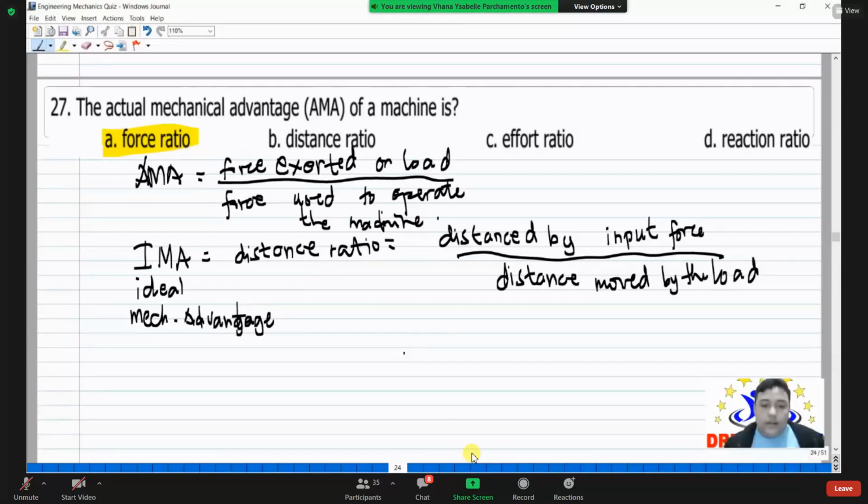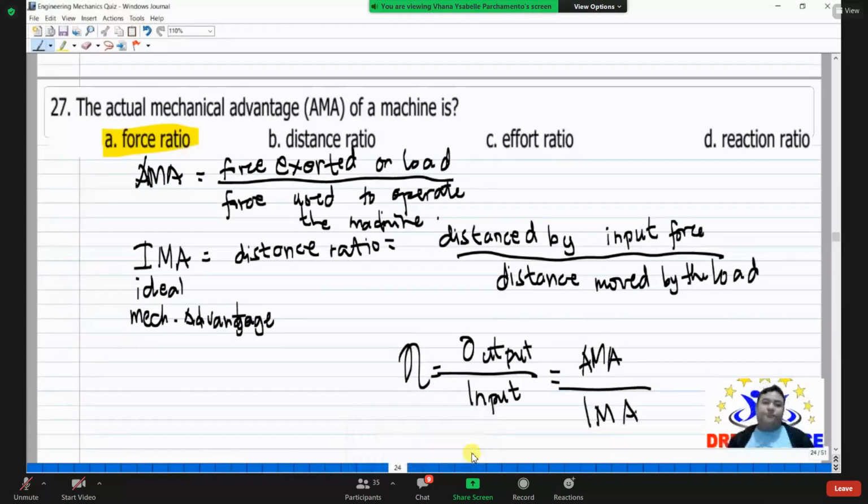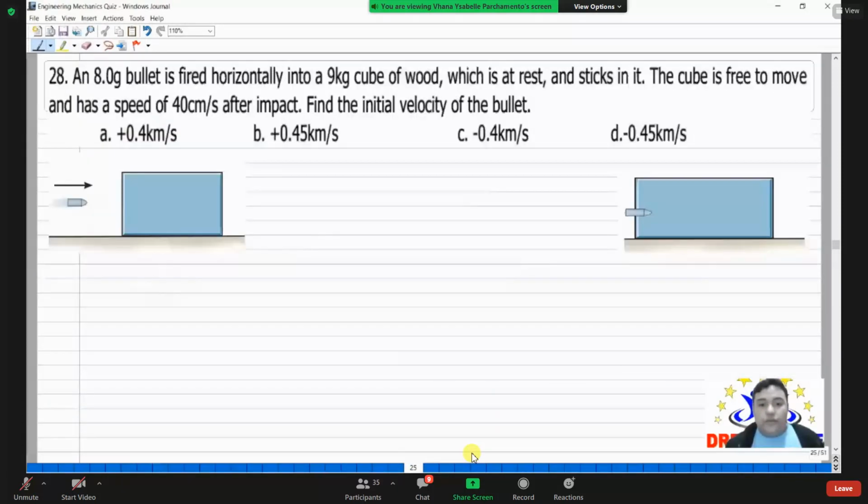That is our IMA. The efficiency of your simple machine can be calculated as output over input. It can be power, it can be work, or it can also be actual mechanical advantage all over ideal mechanical advantage. That is your efficiency. Additional information.